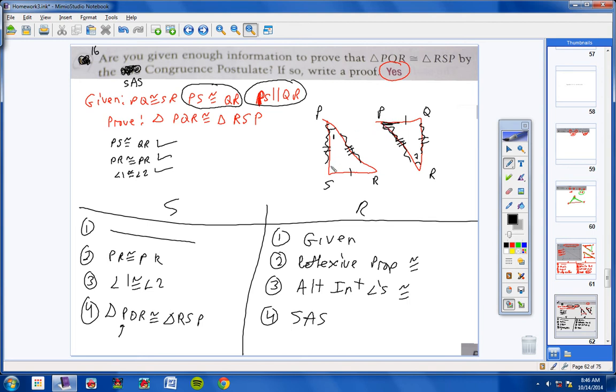So what angle over here is formed by 3 slashes and 1 slash? Angle R. So angle R better come first, and it does. Next is angle Q. Angle Q is formed by the 1 slash and the 2 slash, okay? So what angle over here is formed by the 1 slash and the 2 slash? Angle S, and it does come second. So we're good. Everything matches up, and we're moving on, all right?